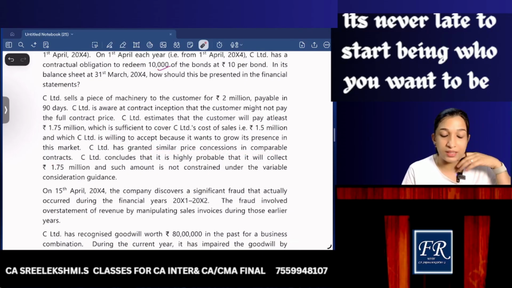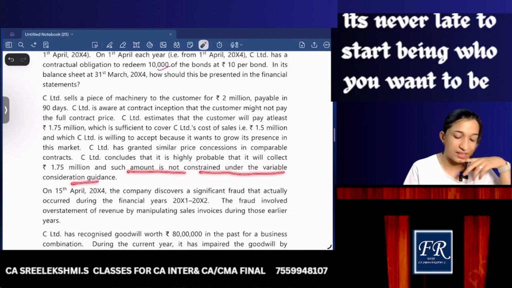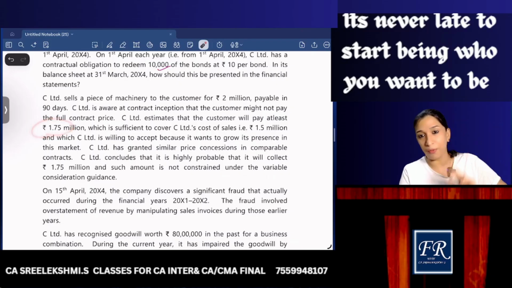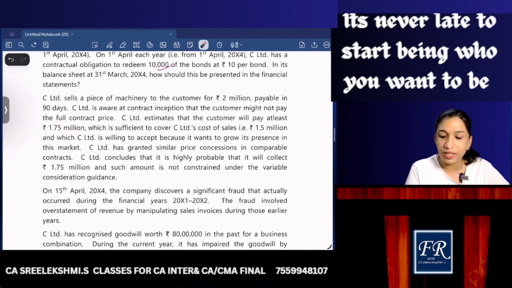C Limited concludes that it is highly probable that it will collect 1.75 million and such amount is not constrained under variable consideration guidance. So the contract price is 2 million, but you are expecting to collect 1.75 million. What is the standard? Ind AS 115, revenue from contracts with customers.